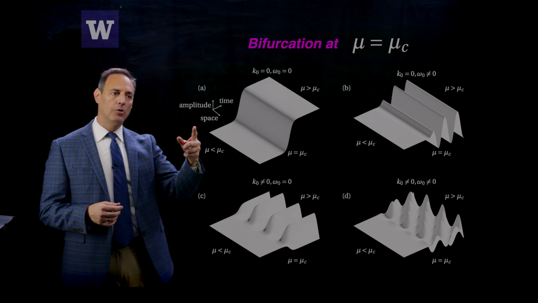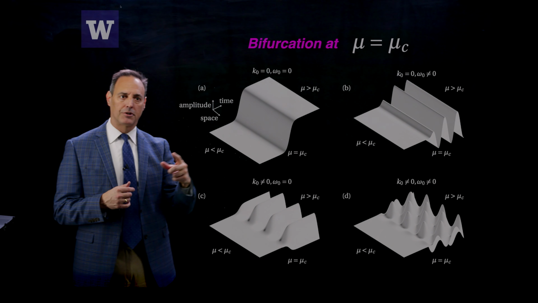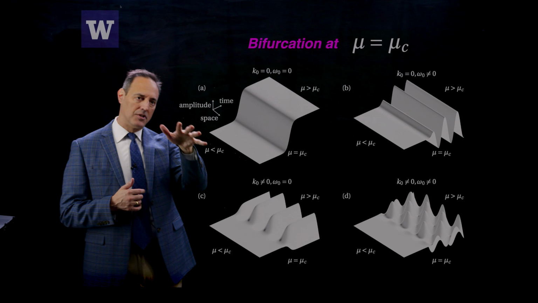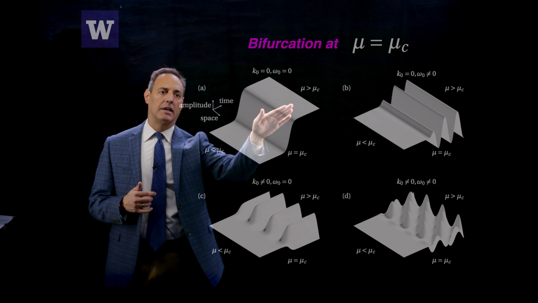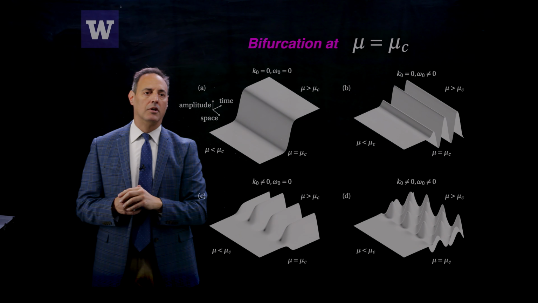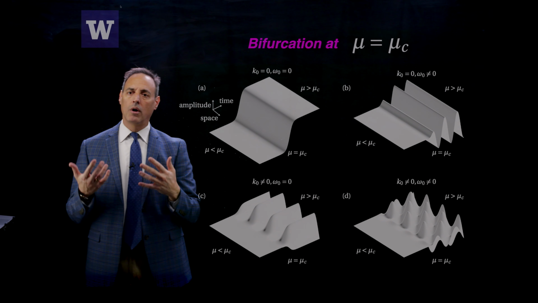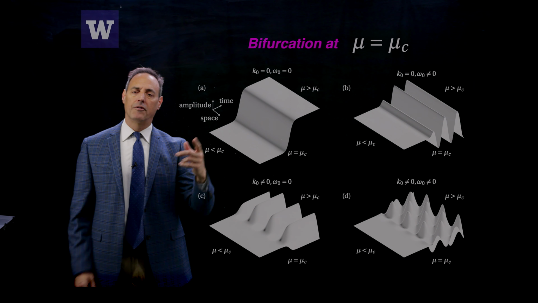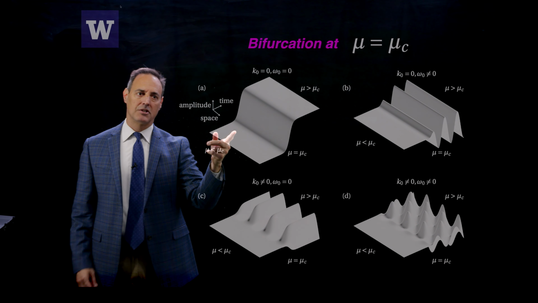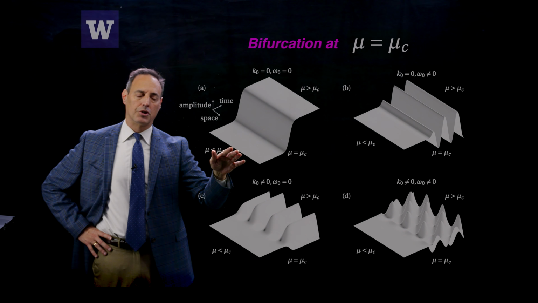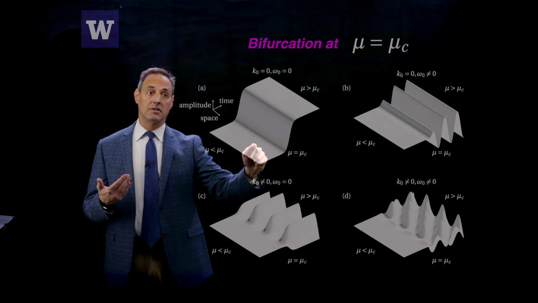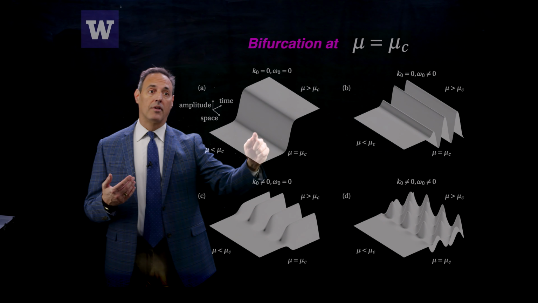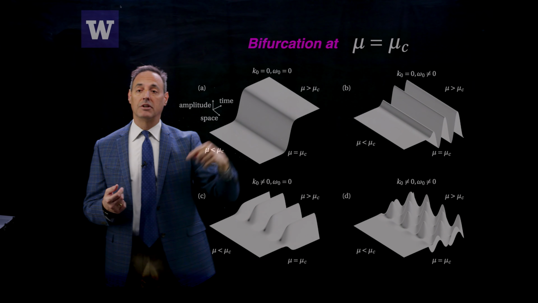What I'm showing you here for each of these are three-dimensional pictures. One can think of this direction as space, this direction as time, and this as the amplitude. So what I'm going to show you are these four possible cases. The first type of bifurcation that can happen is this one here. I go from one solution, and as I walk past the bifurcation, it goes unstable with k_0 and omega_0 being 0. What does this mean?